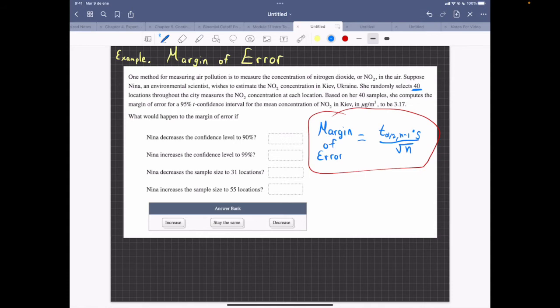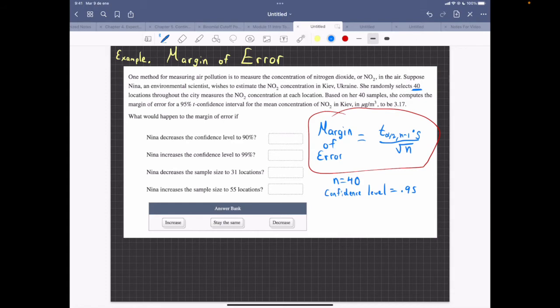So she computed this, and she got, with this information, n equal to 40, with 95% confidence level equal to 0.95, and what else?